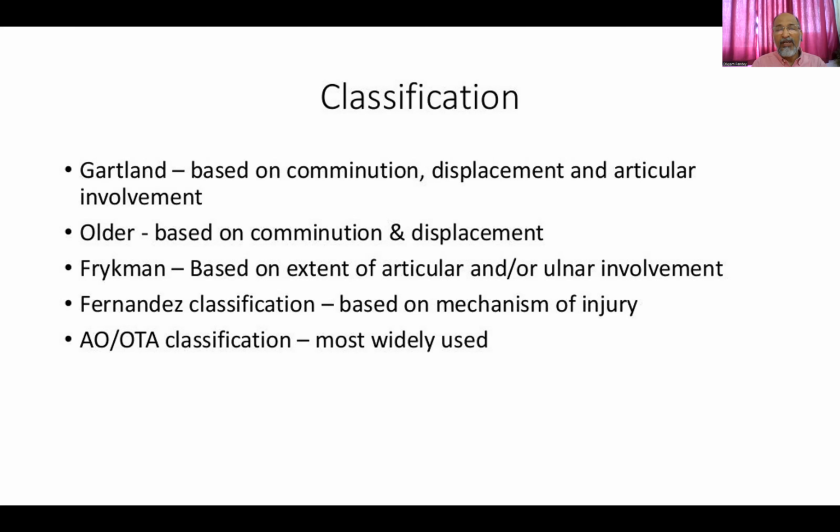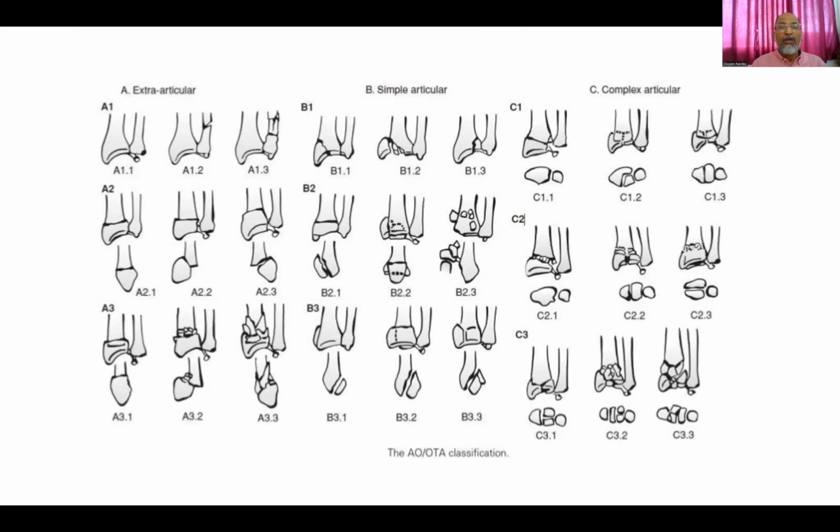Then you have the Fernandez classification, which is based on the mechanism of injury. And recently the AO classification, or the orthopedic trauma association classification, which is now most commonly used. This picture shows different varieties of the AO classification: A is simple, B is a wedge fracture, and C has an intra-articular component.